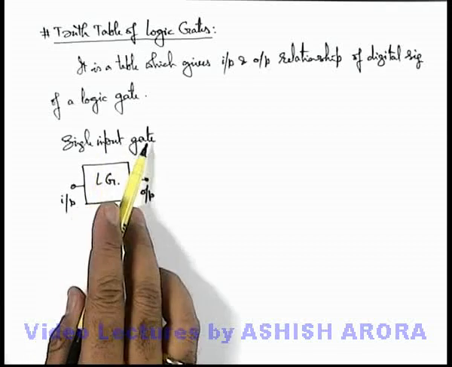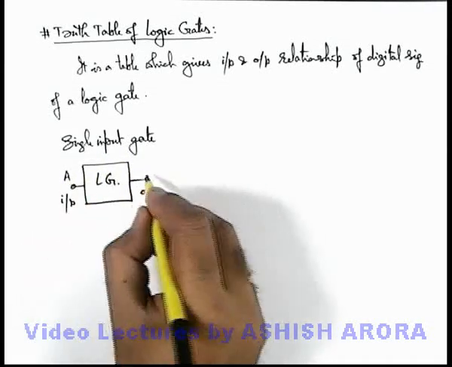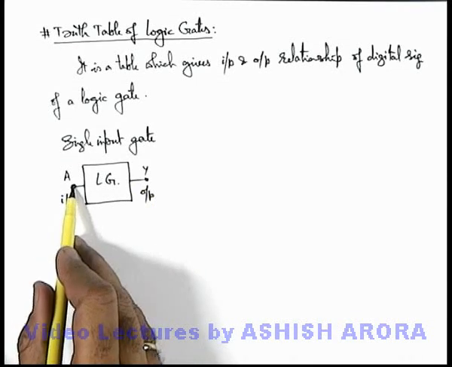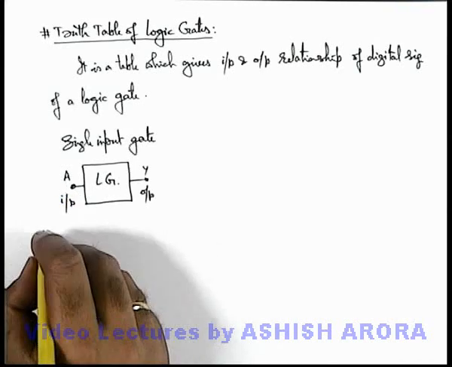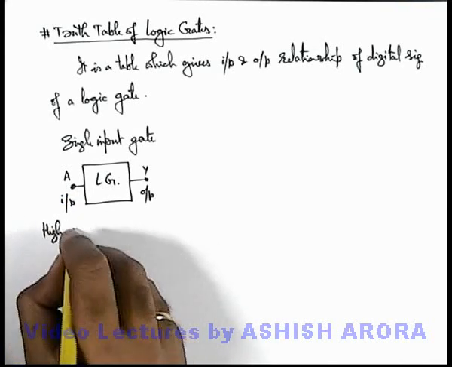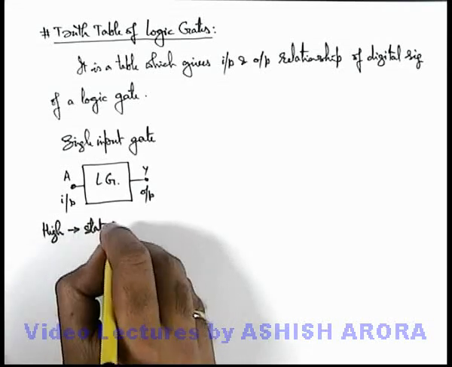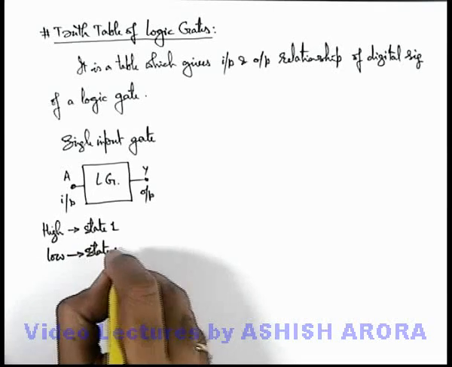If the input terminal is named A and the output is named Y, this terminal A can have only two voltages, one is high or the other is low. Here the high voltage is denoted by state 1 and the low voltage is denoted by state 0.